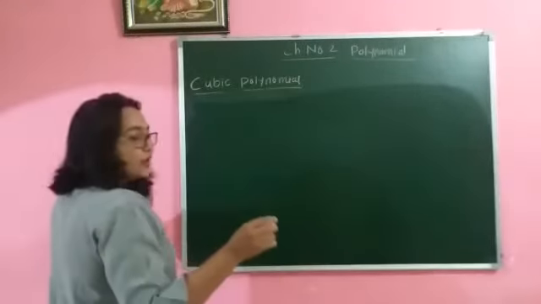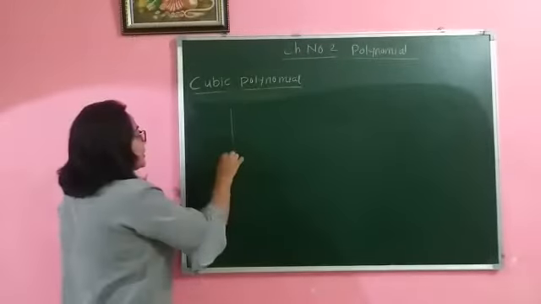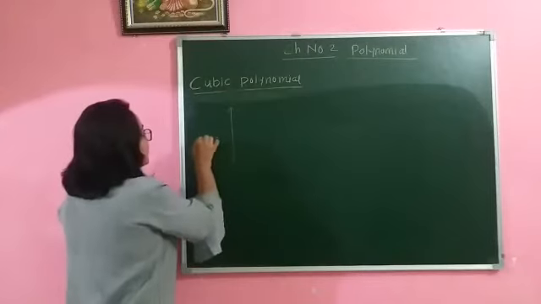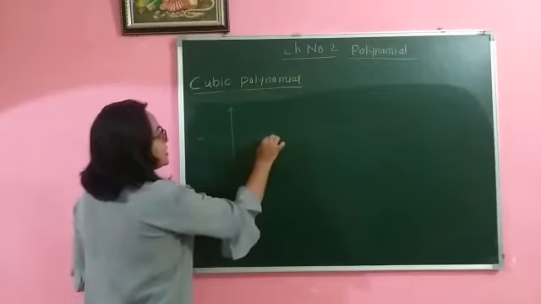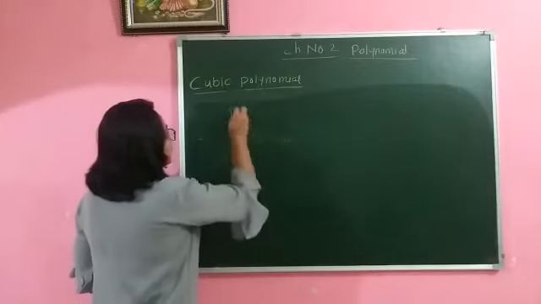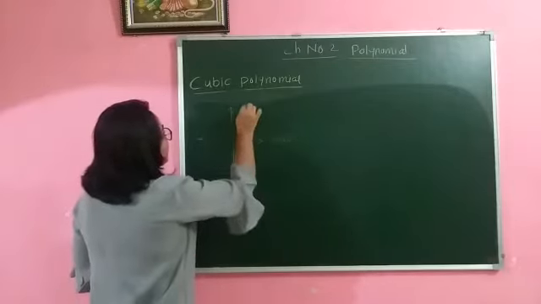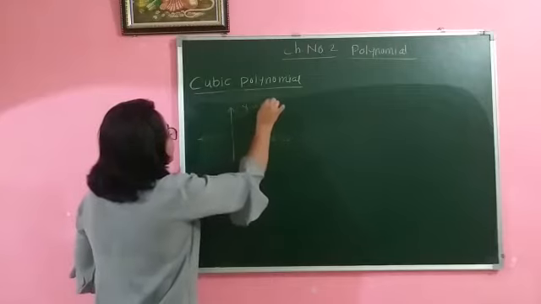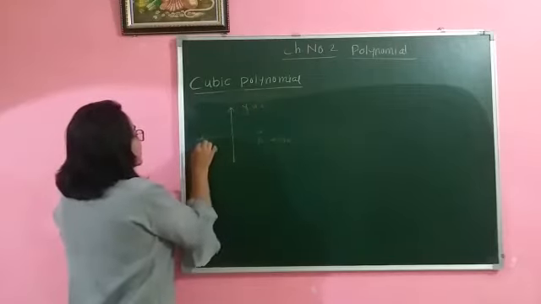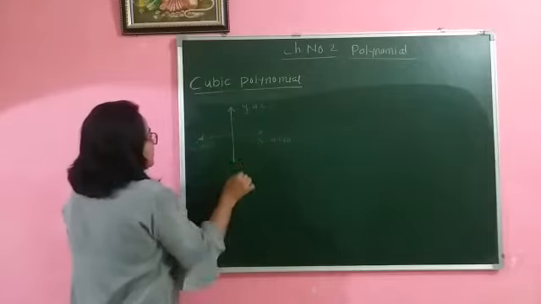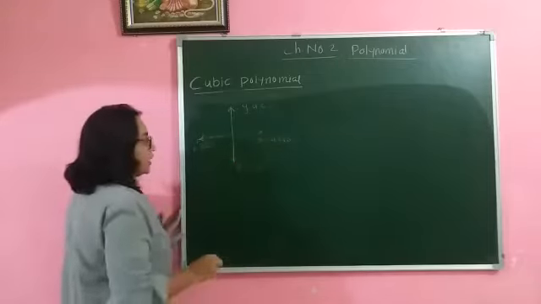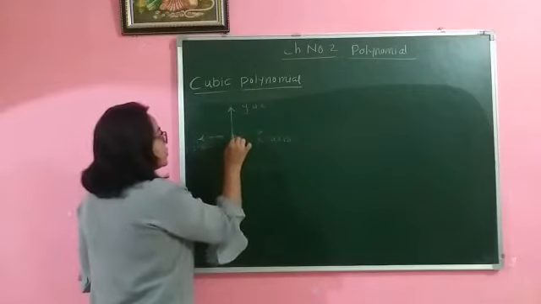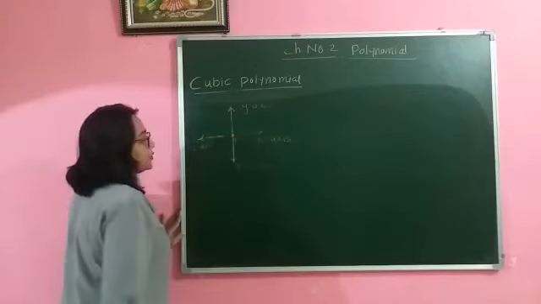You know, graphically, suppose this is my graph. This is the x-axis, this is the y-axis, and this is the origin, O(0, 0).